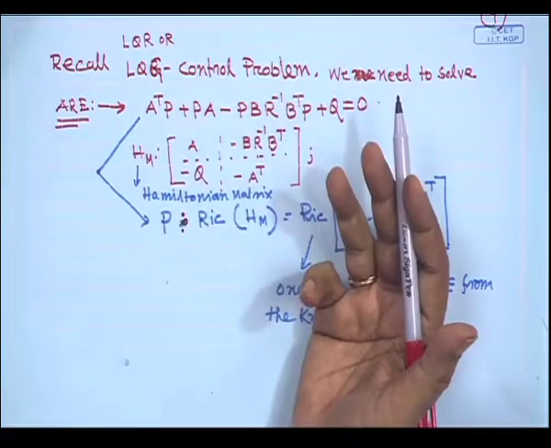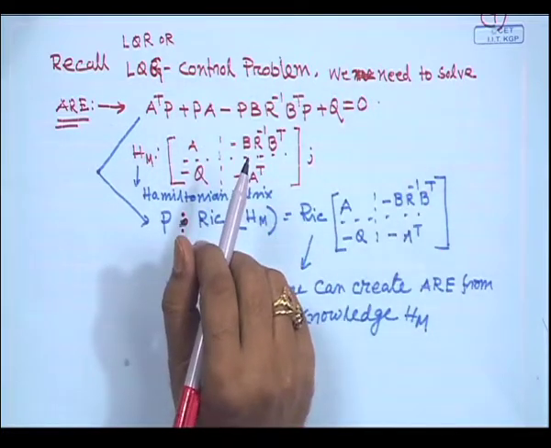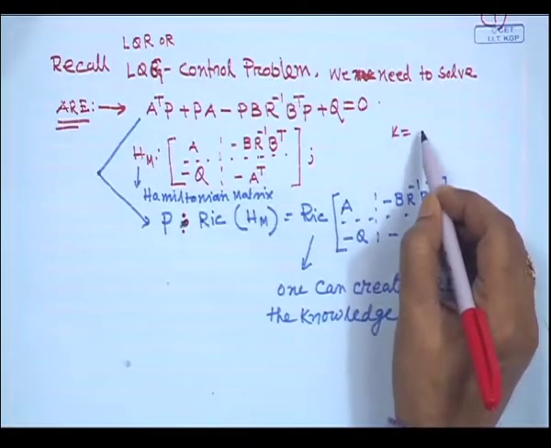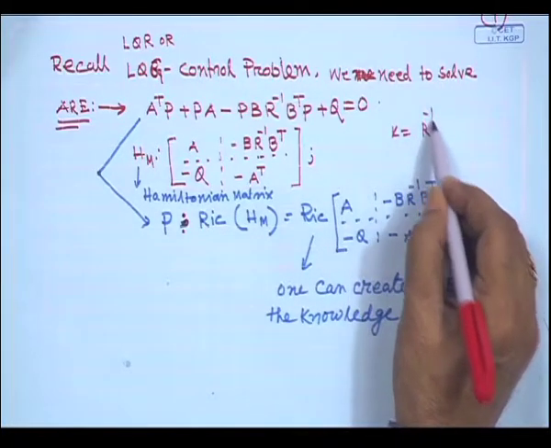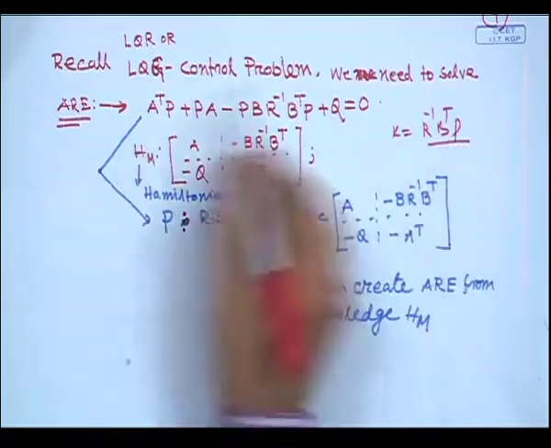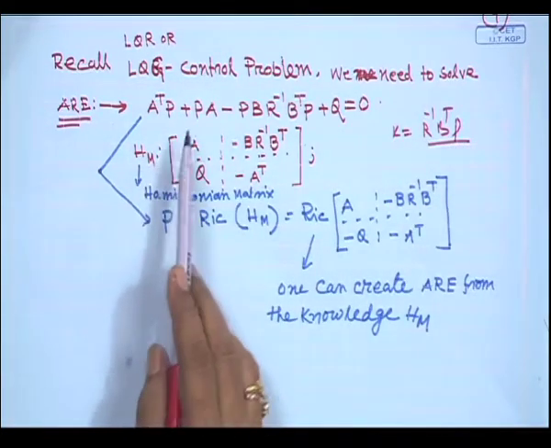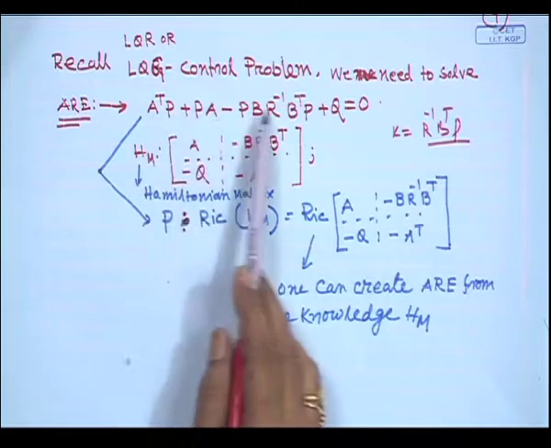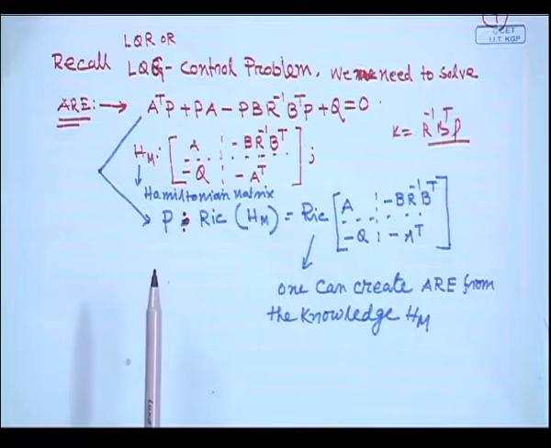Once you solve P, you can easily find the controller gain, R inverse B transpose P. You see, I need the information of A, B, Q, R. Agree?